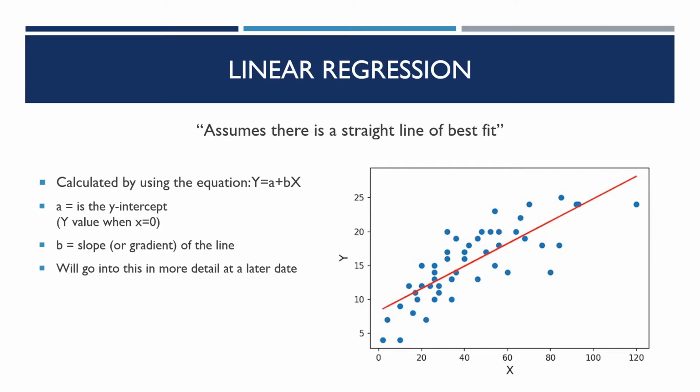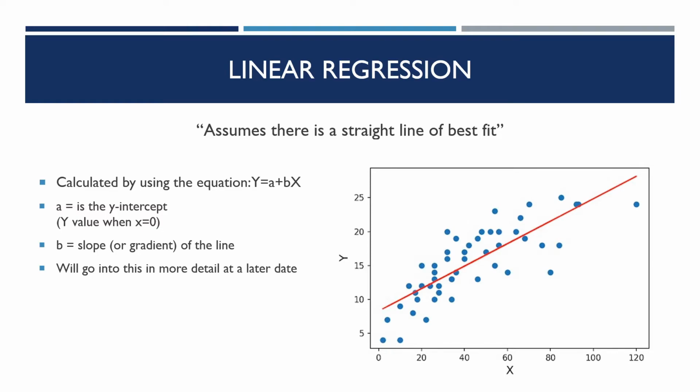In very simple terms, this can be calculated by treating that red line as the hypotenuse, and then you can use trigonometry to calculate its slope and gradient. However, realistically, it is a bit more complex than that, and we'll go into this in a lot more detail in the next tutorial on linear regression.